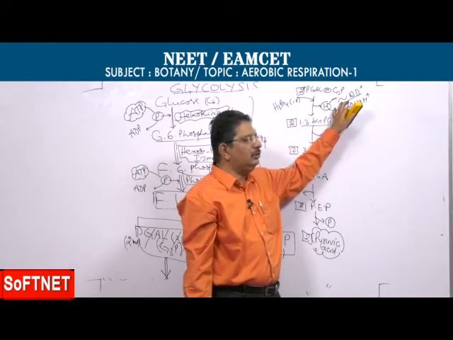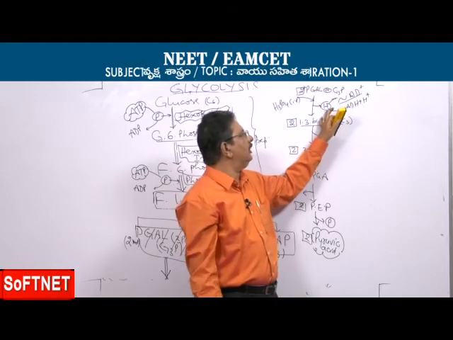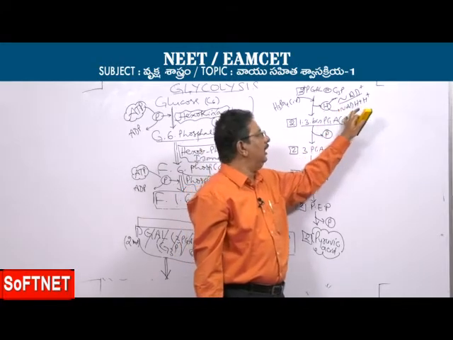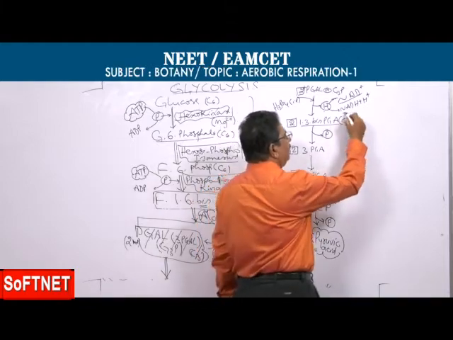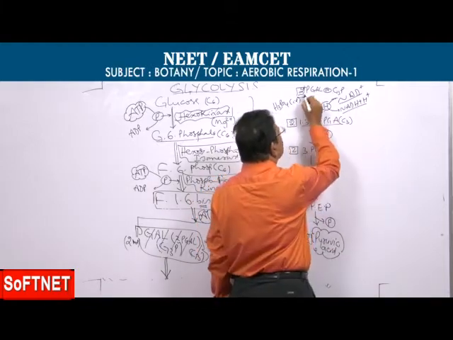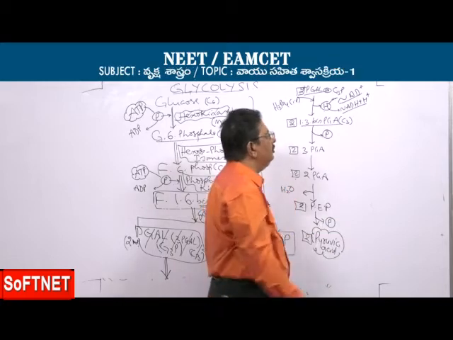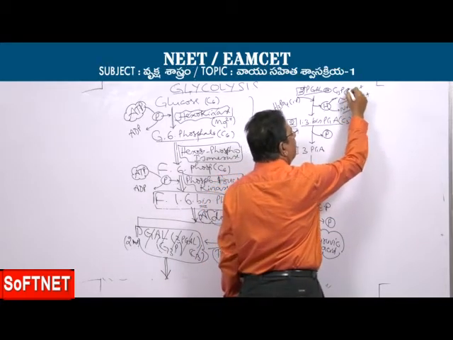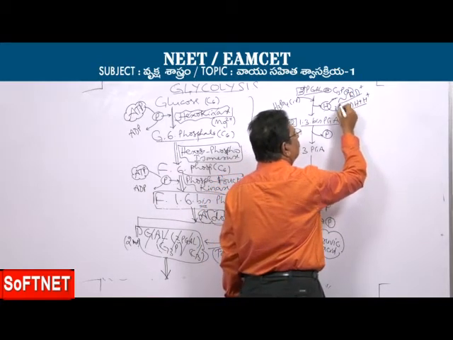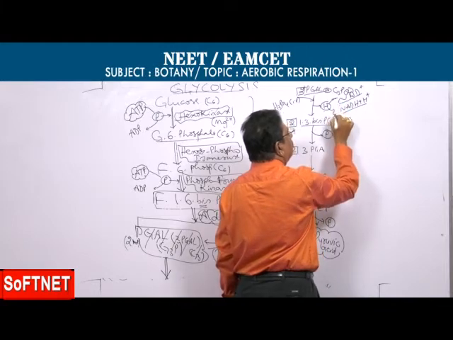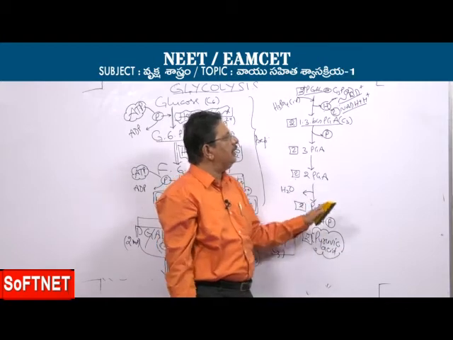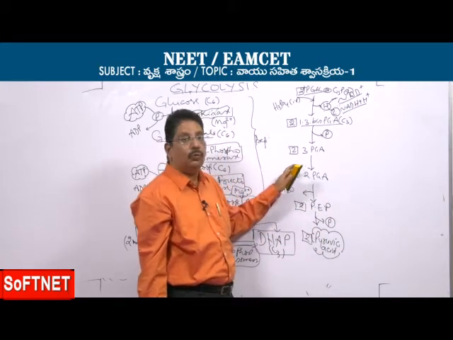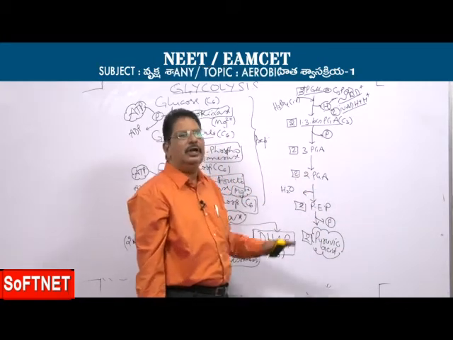It acts as a hydrogen acceptor and is reduced into NADH plus H plus. So, there are two PGAL molecules, so two NAD pluses convert into two molecules of NADH plus H plus.